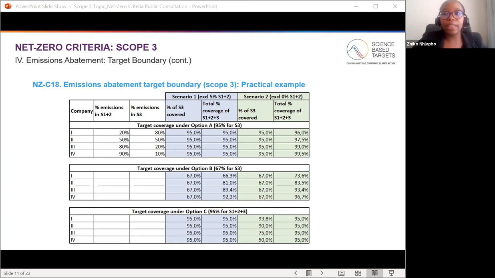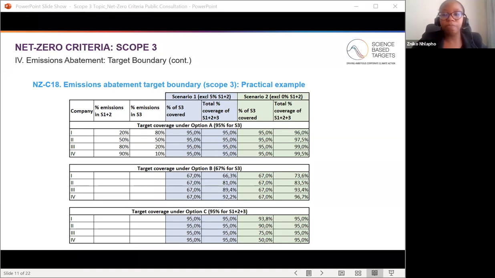In this example, version A, B, and C are compared by assessing 4 example companies with different emissions profiles, as can be seen in the second and third columns of the table, and 2 target setting scenarios, which we've named scenario 1, in blue, and scenario 2, in green.